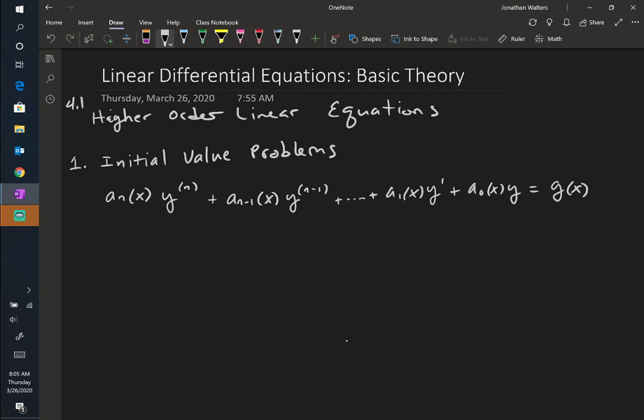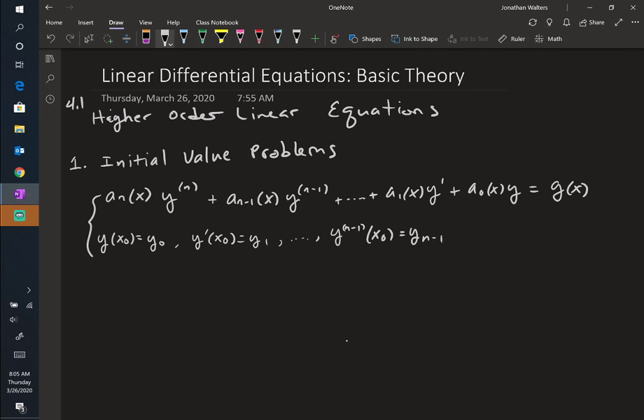And we have initial conditions y of x0 equals y0, also y prime of x0 equals y1, all the way out to the n minus first derivative evaluated at x0 equals y n minus 1.